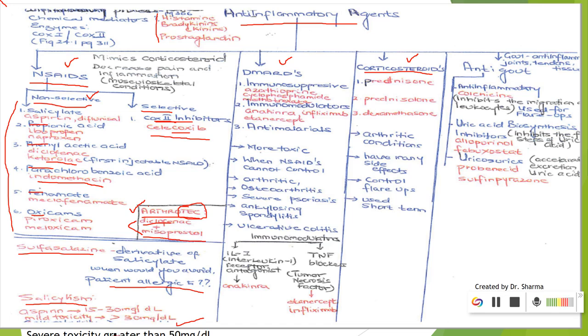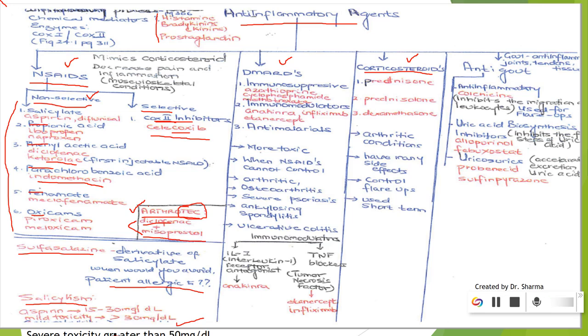Okay. So once again, let's quickly review NSAIDs. NSAIDs are classified into two categories: first generation, non-selective; second generation, selective. Non-selective means it inhibits both COX-1 as well as COX-2. Selective means it only inhibits COX-2. What are the side effects associated with first generation?